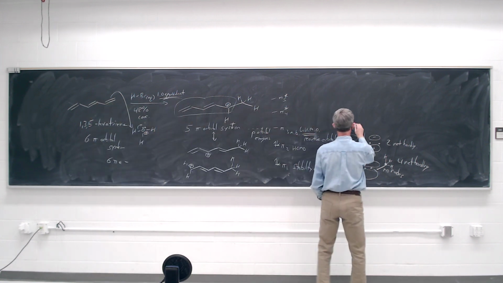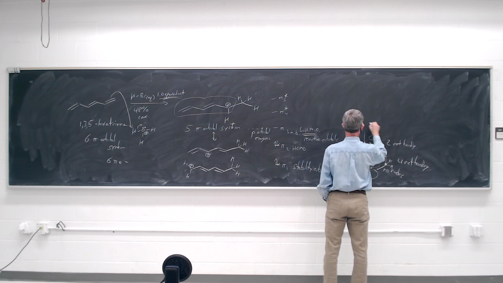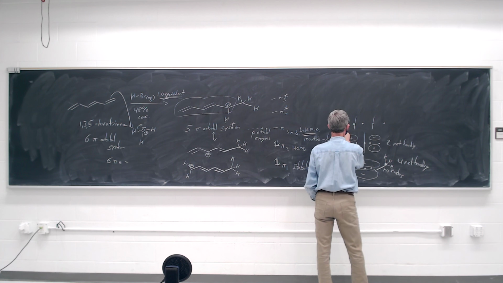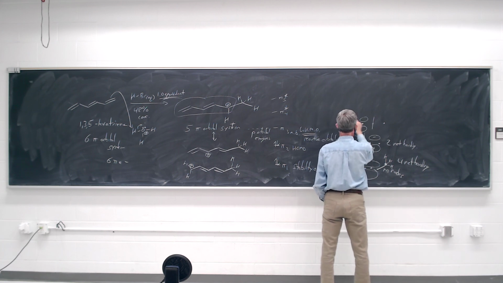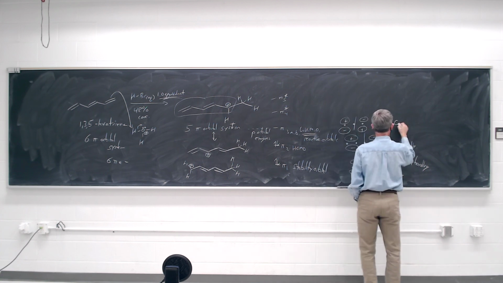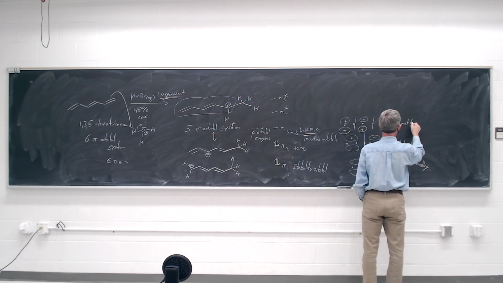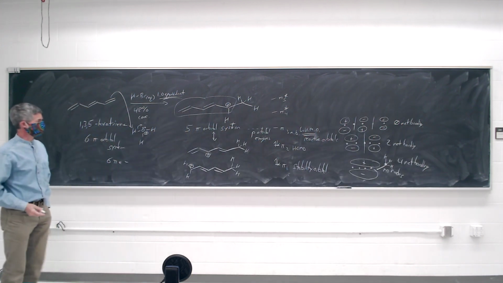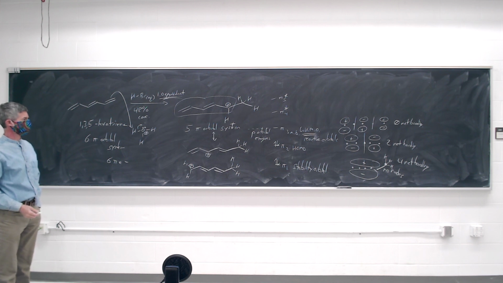Pi 3, 2 nodes, they're going to go through carbon 2 and carbon 4. Zero net bonding or anti-bonding, and no contribution to that system from carbon 2 or carbon 4.